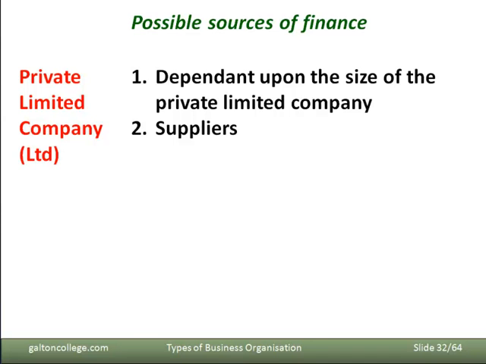Suppliers may be willing to lend to a private limited company quicker than a partnership because it's bigger, it has more reputation, it's governed by legal regulation more effectively than the partnership. So the suppliers may have more confidence in it, so they may be prepared to lend more readily to it. That also applies to the banks. They may also be prepared to lend to it.